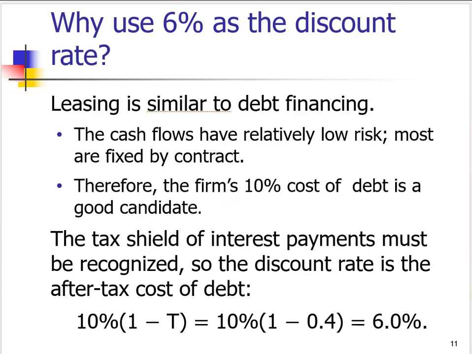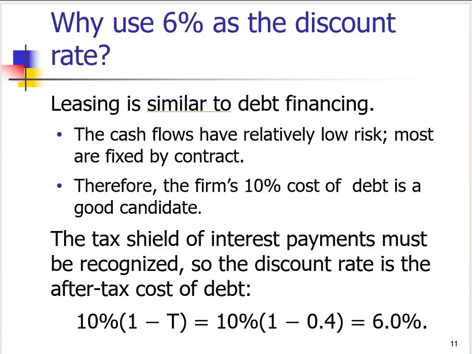So here's the net cash flows for owning this particular asset. So what does that ultimately mean then? Well, first of all, let's think about leasing in general, right? What discount rate do we want to use when we are talking about leasing? It's very similar to debt financing. Cash flows have relatively low risk. Usually it's fixed by contract.